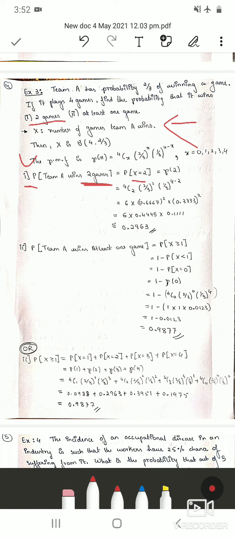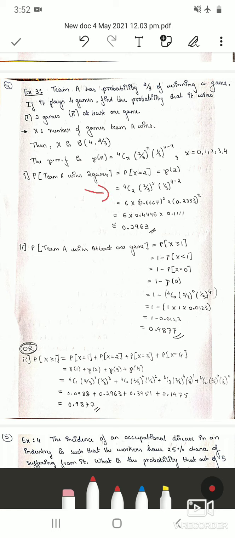So therefore probability x equal to 2, which is nothing but small p of 2. So in the PMF, wherever x is there, you have to substitute 2. So just like yesterday's problem, substitute the x values, solve the combination, and you will get the answer.